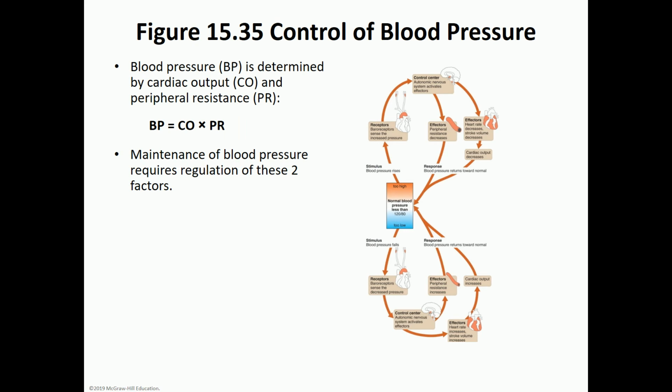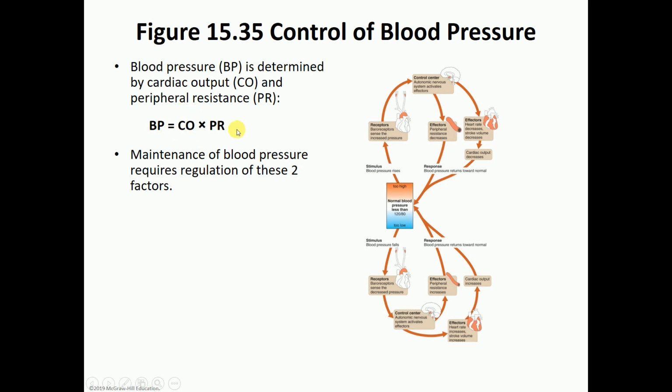So how is it that we can control blood pressure? Blood pressure is determined by cardiac output times the peripheral resistance. So that's another equation that you want to be familiar with. You can be given the cardiac output and the peripheral resistance and asked to calculate blood pressure. So blood pressure, again, is your cardiac output times the peripheral resistance, meaning that if these increase, your blood pressure increases.